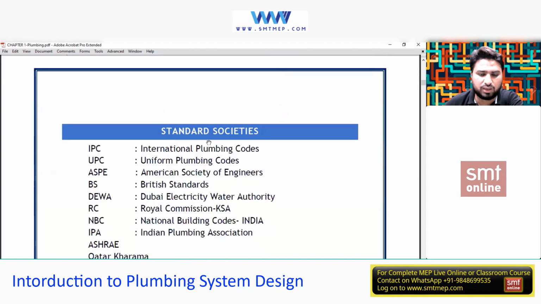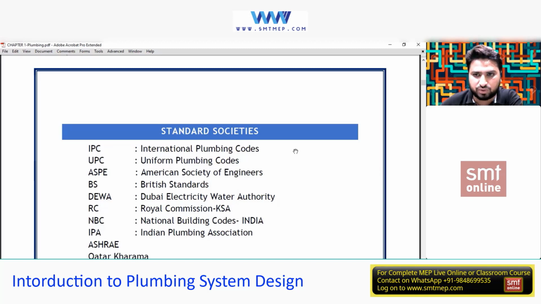This is very important. Now we'll be dealing with the standard societies or the codes, which are one and the same. If anyone is from HVAC, or already knows about plumbing and firefighting, you may have heard of codes or standards.